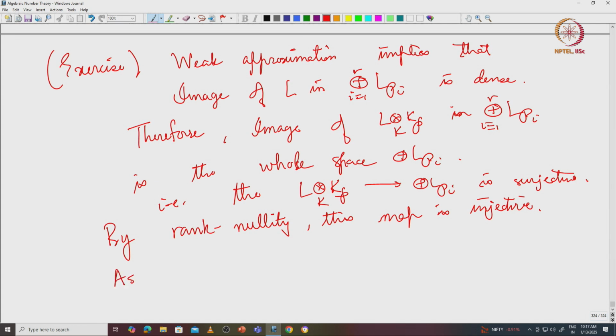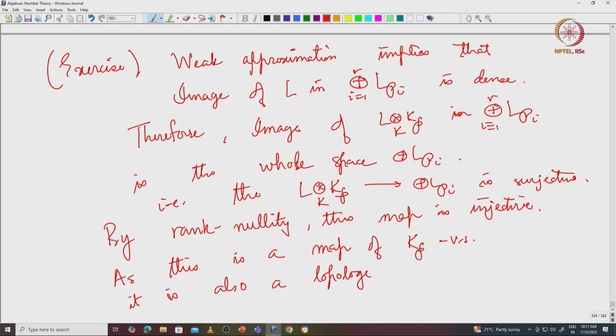And as this is a map of K_p vector spaces, it is also a topological isomorphism. So, the topology also agrees because these are just finite dimensional K_p vector spaces and the topology is as a K_p vector space. All right.